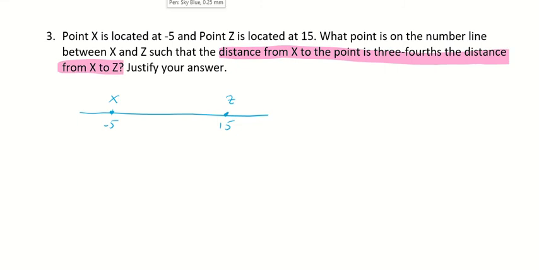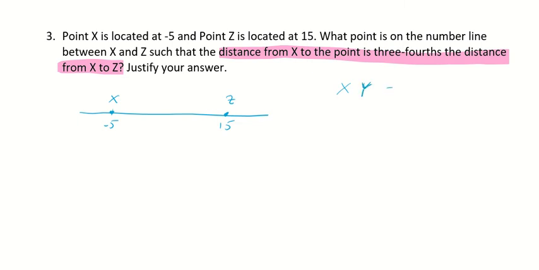That is an algebraic equation disguised in the English language. So we want to translate that to algebra. XY, because Y is the letter I'm going to use for the point.